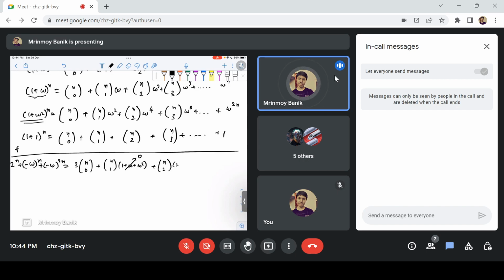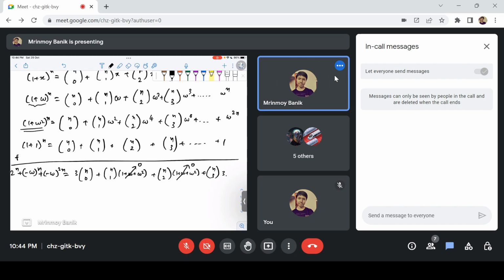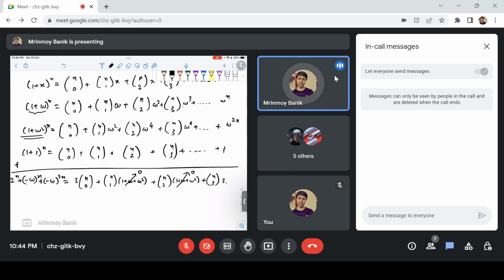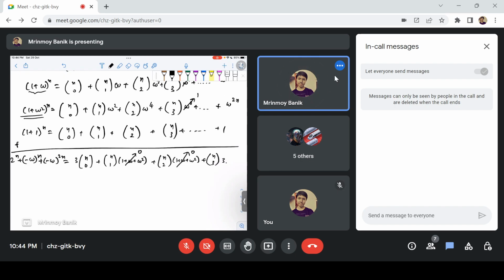It's nC2 times (1 plus omega plus omega squared), the same thing, 0. And nC3 times again 3, since omega cubed is 1, omega power 6 is 1, and 1 is already 1. So now you see these get cancelled, right? They are multiplied with a coefficient which is already 0. There's basically 3 times nC0, nC3, up till nC, whatever the last thing divisible by 3 is, n by 3 floor times 3.